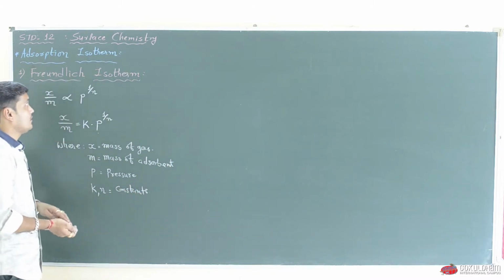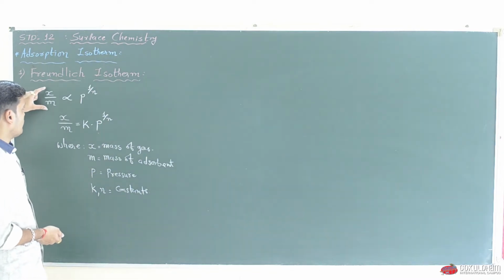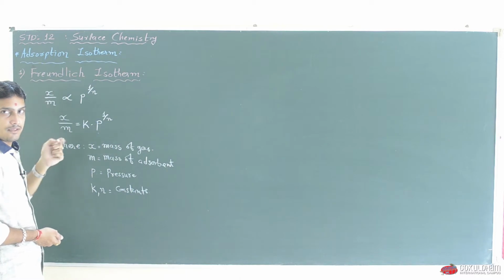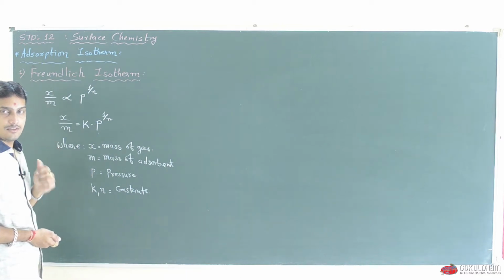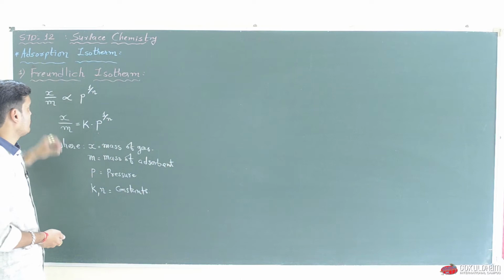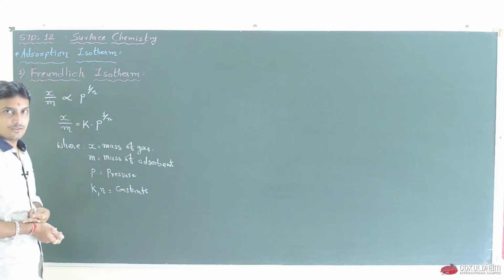So Freundlich said that the quantity of gas adsorbed on the surface of the adsorbent at constant temperature is known as the Freundlich isotherm.